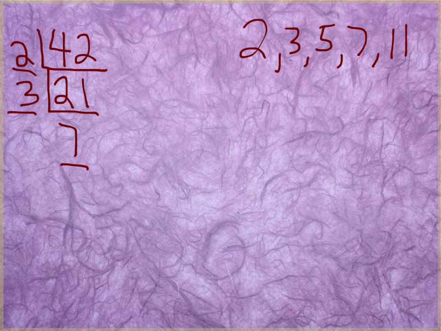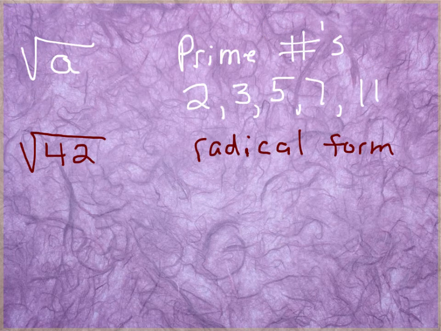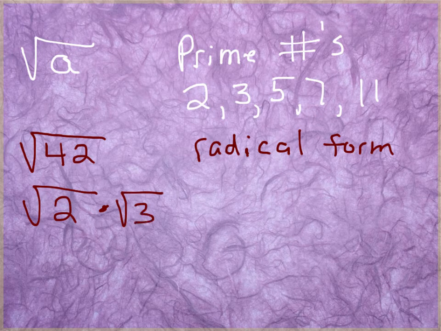No. Now, if I wanted to expand, let's go back to the square root of 42. We had square root of 2 times square root of 3 times square root of 7. I don't have duplicates of anything. That's okay.